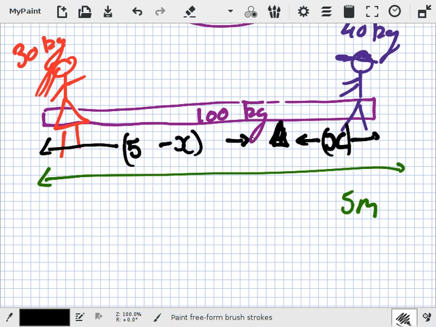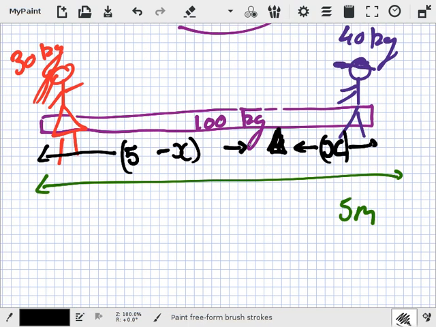How many forces are there in this picture? 4, yeah. Now, do you know what the 4 are? The boy's weight is one force. So, what's his weight? 40g.